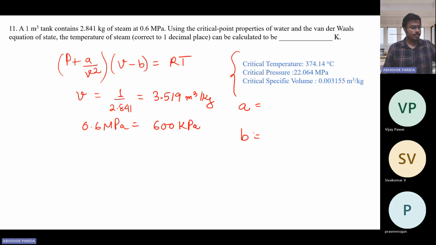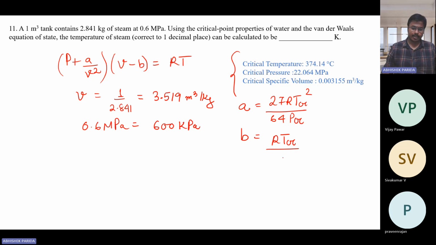I hope you might be remembering. a is 27 R squared T critical squared by 64 P critical, and b is R into T critical by 8 into P critical. Now calculate.